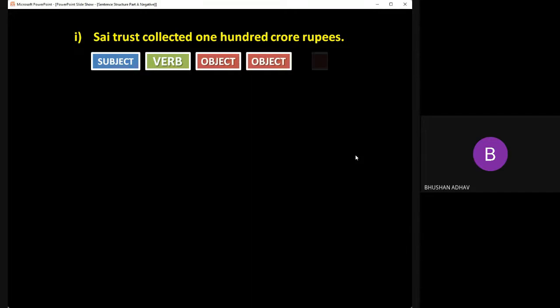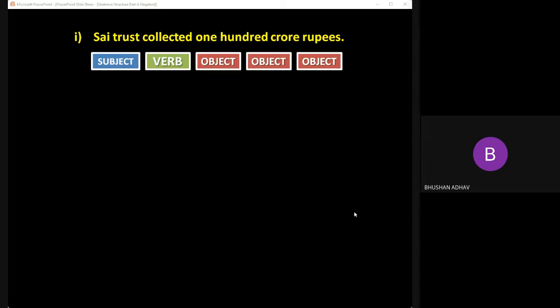Now, Swaraj sir, can you make this sentence into a negative sentence? Sai Trust did not collect 100 crore rupees.